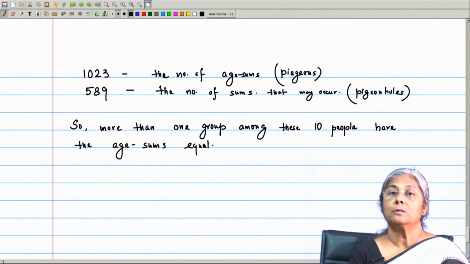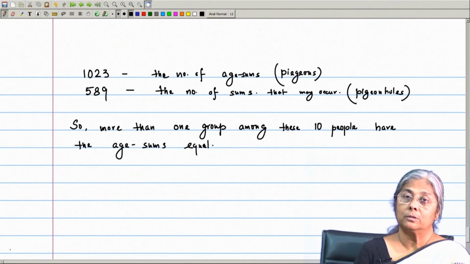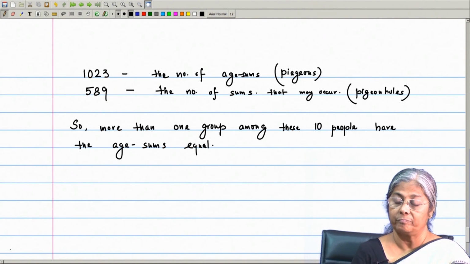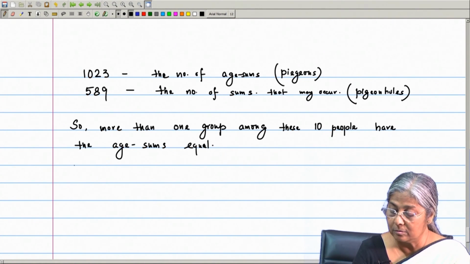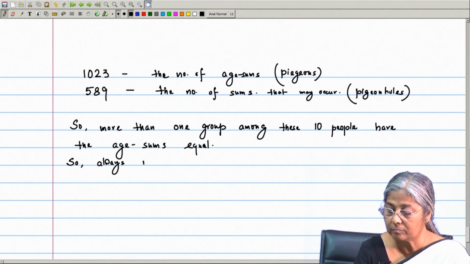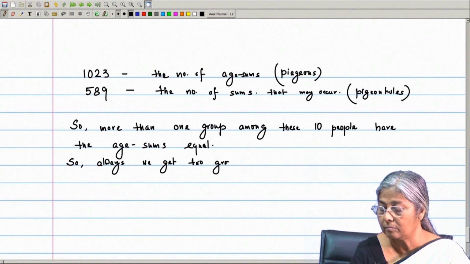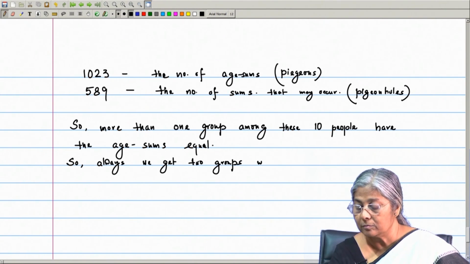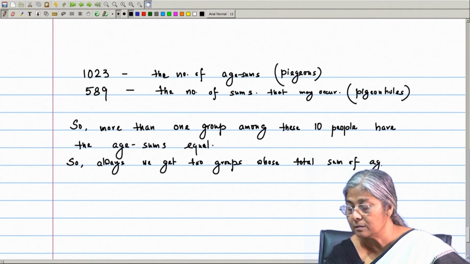So, we always get at least two groups whose total sum of ages are the same.